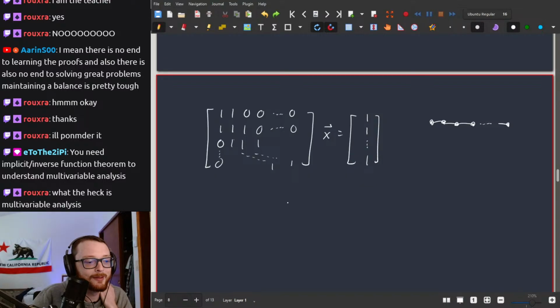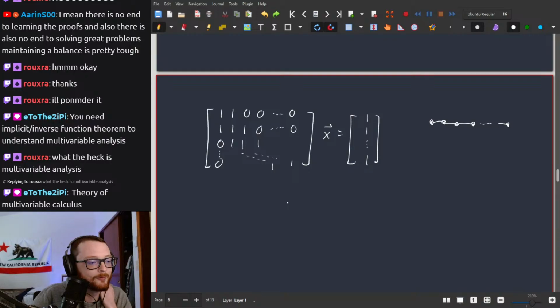Multivariable analysis is the theory of calculus with multiple variables. So it's all about the proofs behind calculus. What you're learning right now is single variable calculus, but eventually, if you keep going, you'll learn calculus in three dimensions and more.